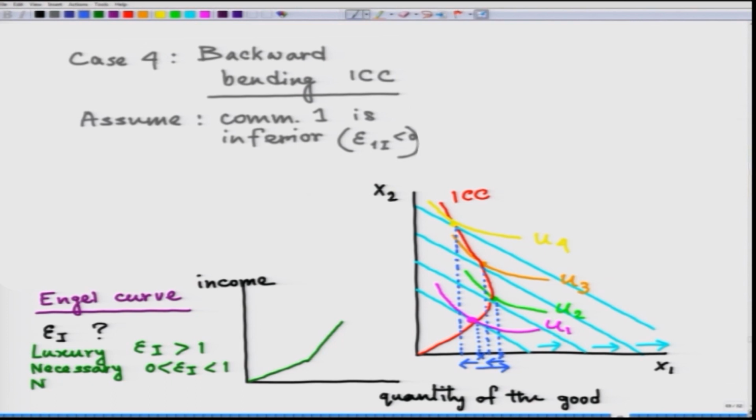Now, there are also neutral goods for which the income elasticity of demand will be 0. For that there is an inflection point.